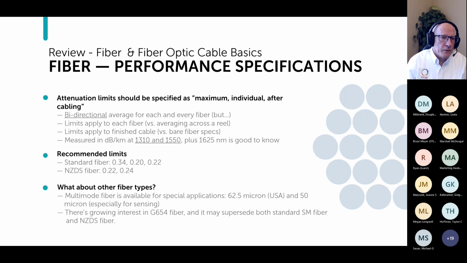But the reverse is not true. So a fiber could be good at 1310, but not good at 1550 or 1625. Fiber gets more bend sensitive as the wavelength increases. Goodness rolls downhill, but goodness does not roll uphill, so to speak.